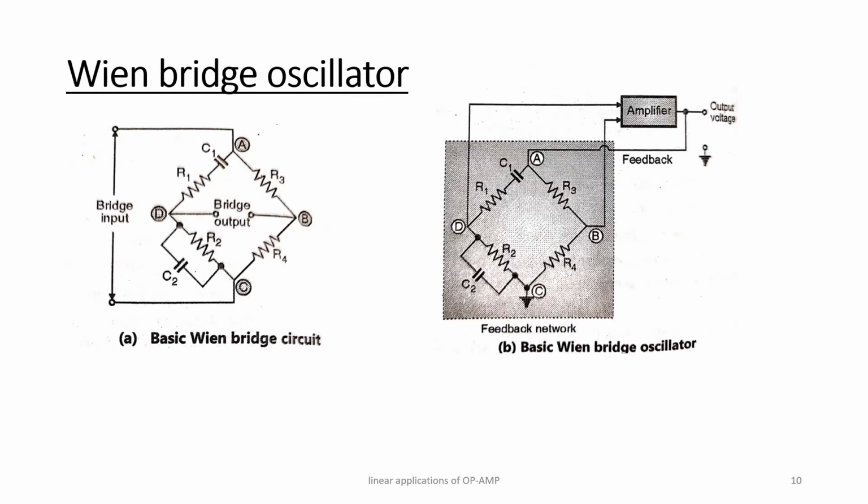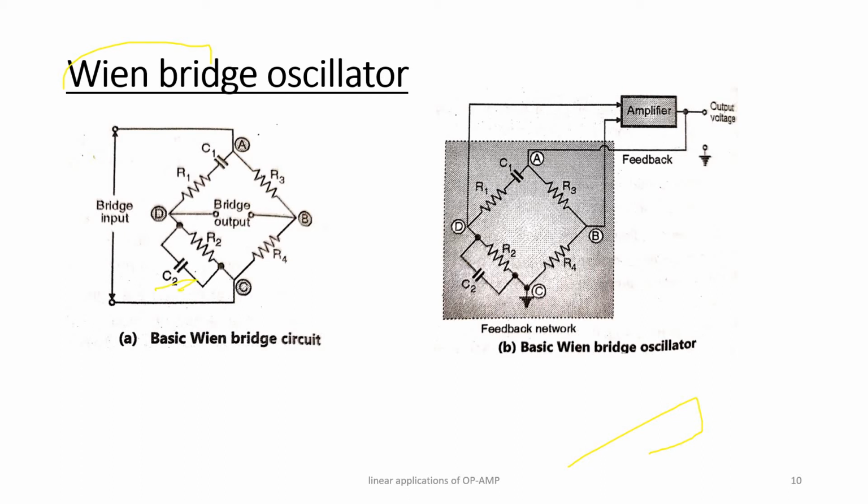Now next is the Wien bridge oscillator. Like the phase shift oscillator discussed in the above section, this is also an RC oscillator because it uses a feedback network which consists of resistance and capacitance.